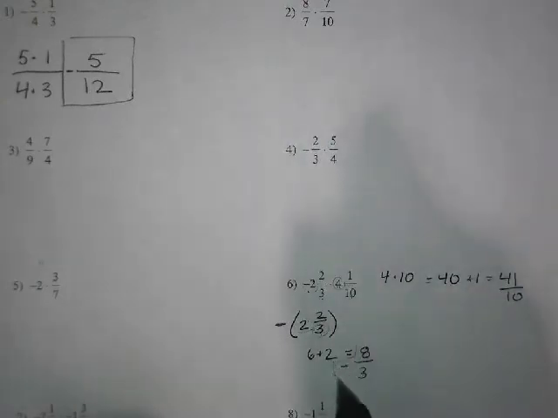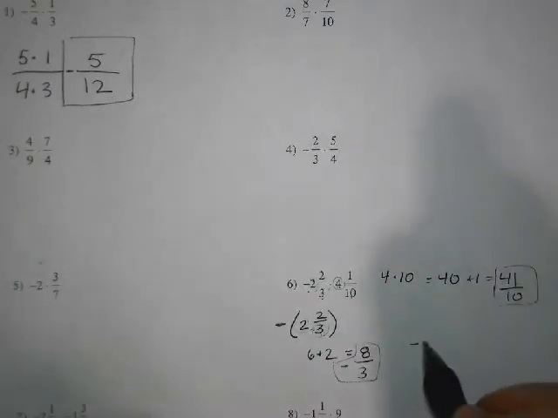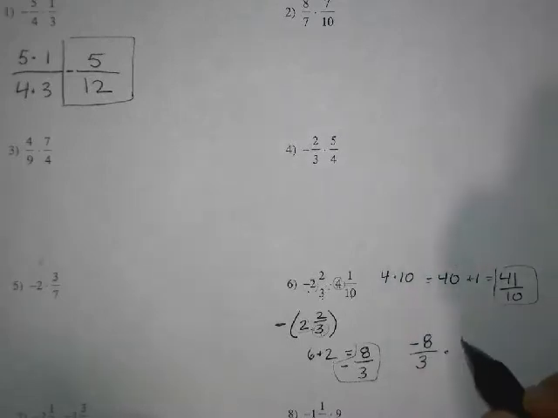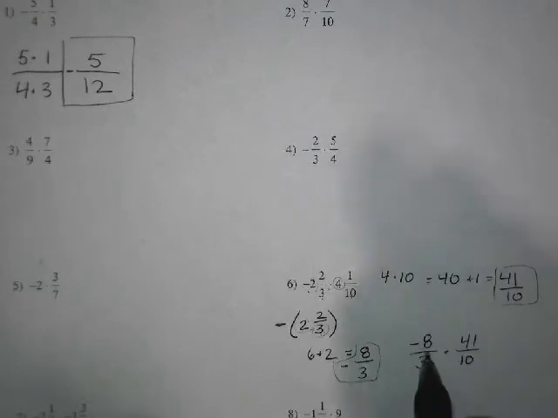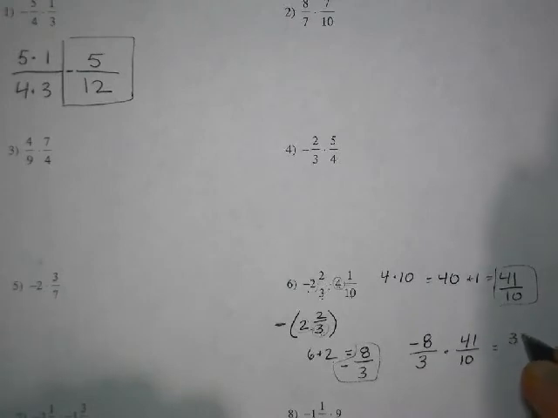So we've got our one fraction down here, our other fraction over here. And let's remember, we come all the way back, we were multiplying those by each other. So let's rewrite negative 8/3 times 41 over 10. And now we're just going to multiply negative 8 times 41, and that equals 328. Don't worry, I'd probably have you use a calculator for that.